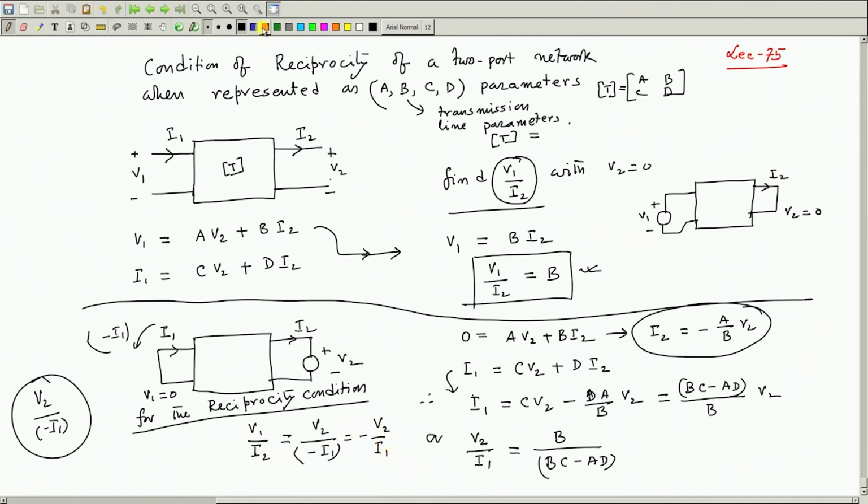This is very important to note, because ABCD parameters are defined like that, all people are following this, that is the convention.